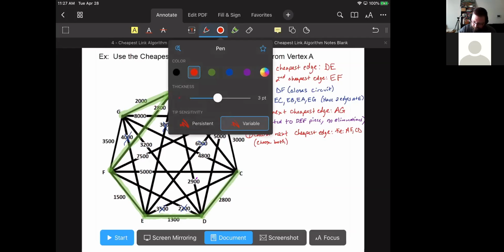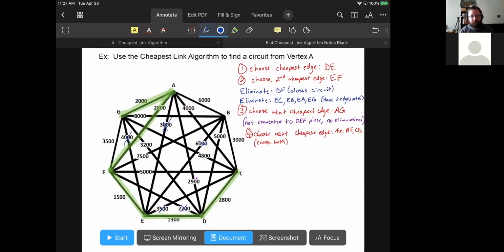Okay, now this is going to create a lot of eliminations. Once we've picked those, we have our two edges at D, so that would eliminate three more numbers.